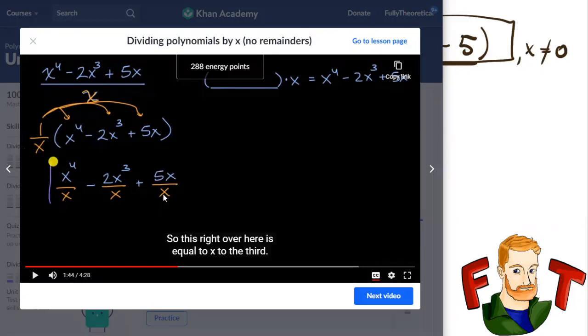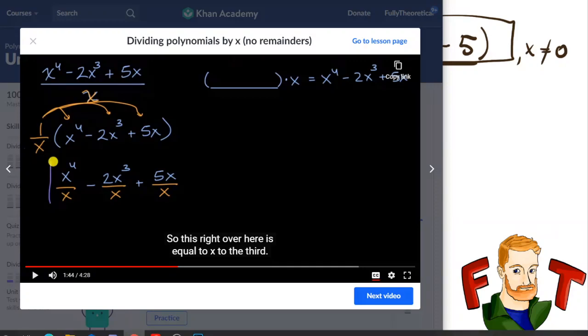So then you basically have a bunch of simple expressions over here with just a little fraction. So I like this method better than the long division method he introduced in the other video.